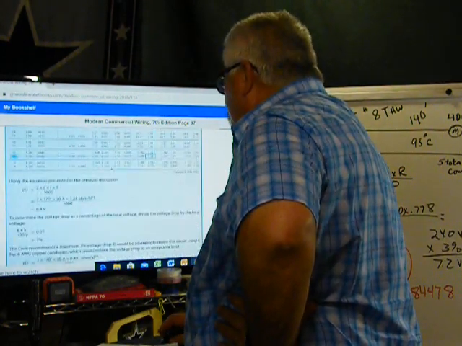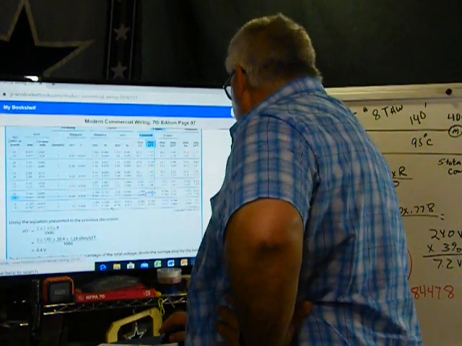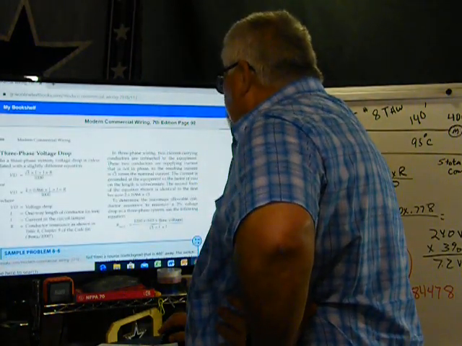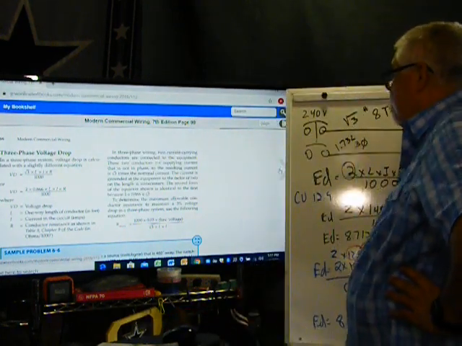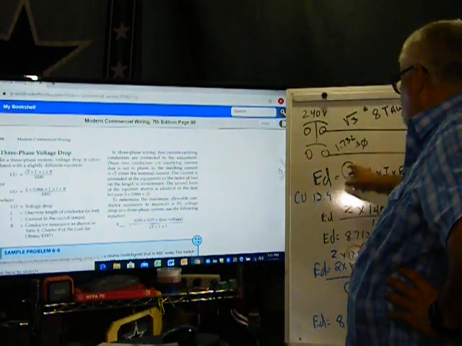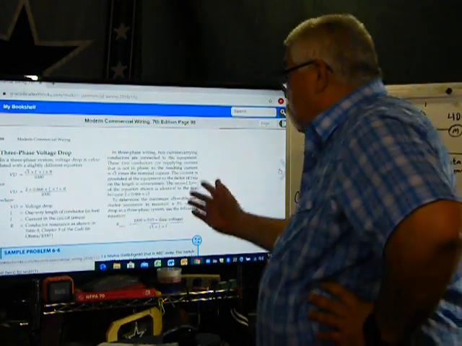So here's a problem that they're using for voltage drop. So I guess you need to practice. There's two ways of doing it. If it's a three-phase, the 2 changes to 1.732. It doesn't change with either one.